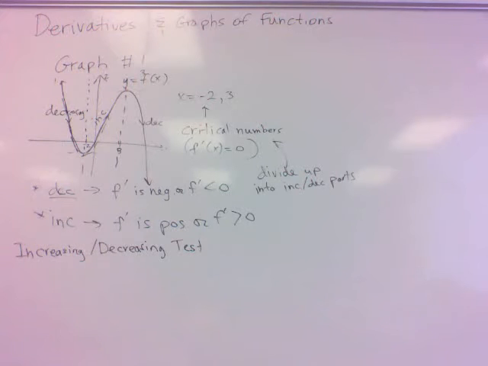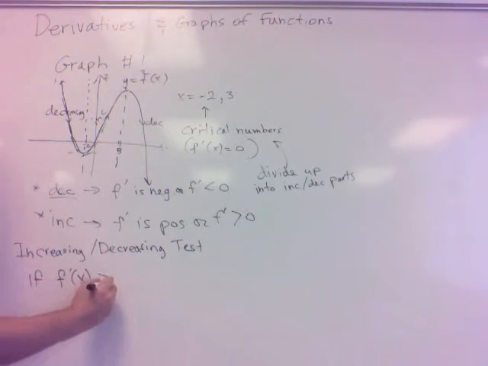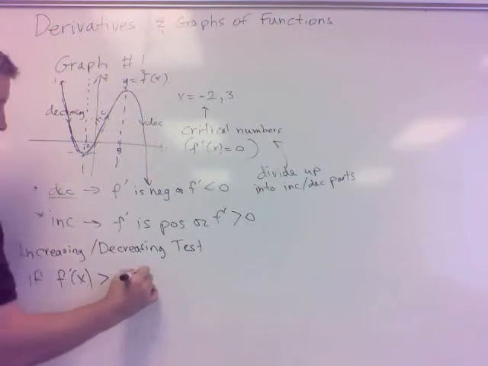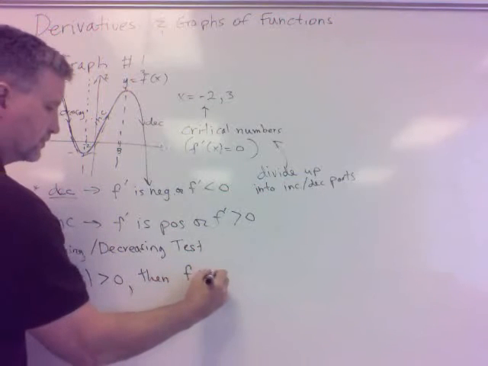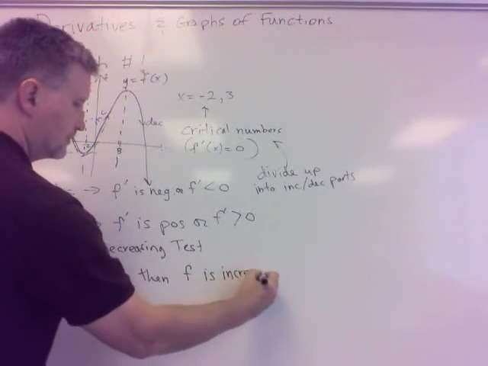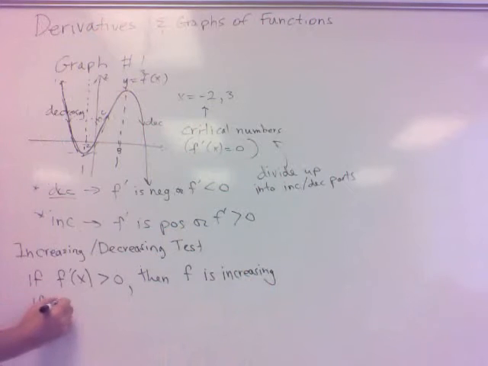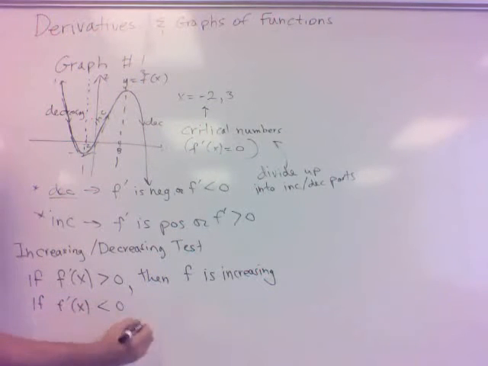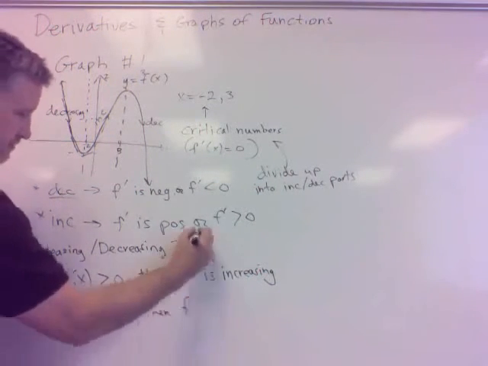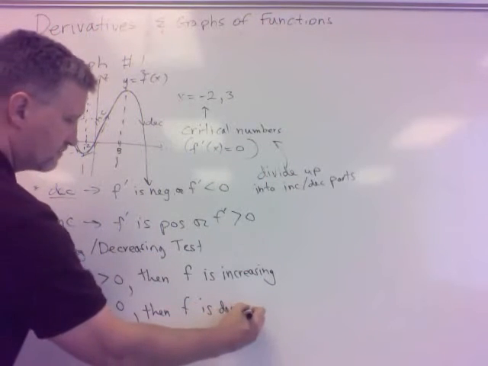A lot of times we can graph it, but even if we don't, we can tell a lot just from the critical numbers. We can tell about increasing and decreasing from the critical numbers, and then from whether the derivative is positive or negative. So if f prime of x is greater than 0, then f is increasing. If f prime of x is less than 0, negative, then f is decreasing. That's basically what I just wrote there, but more formally.